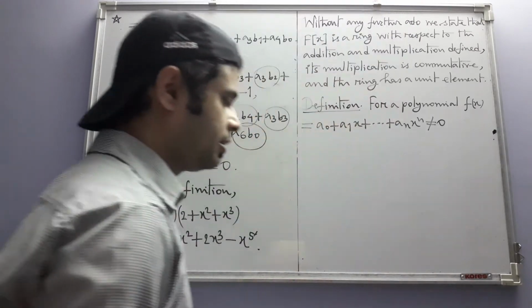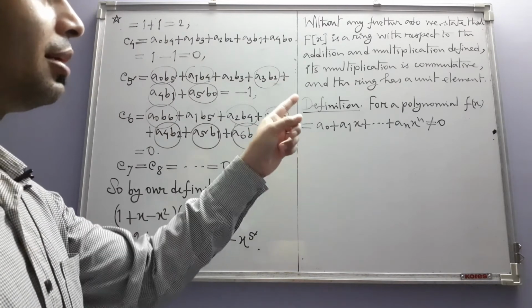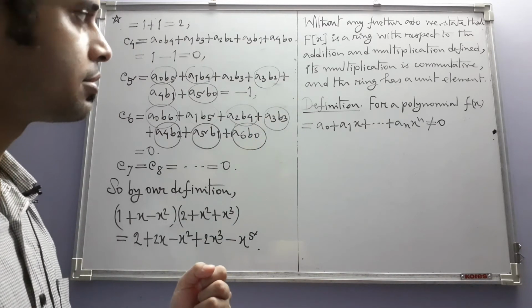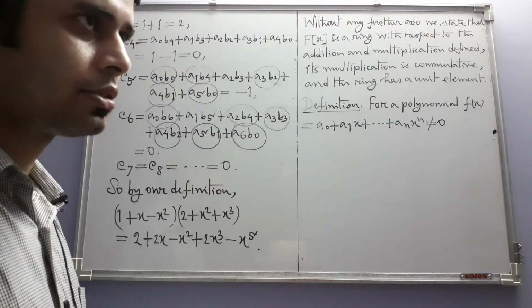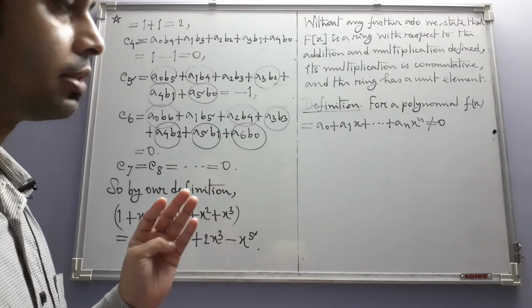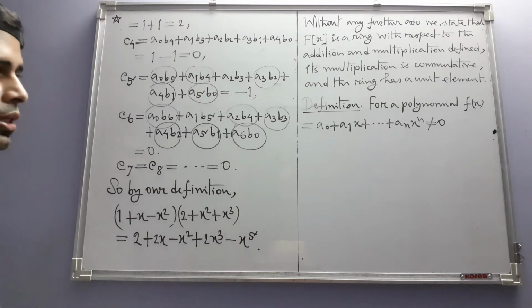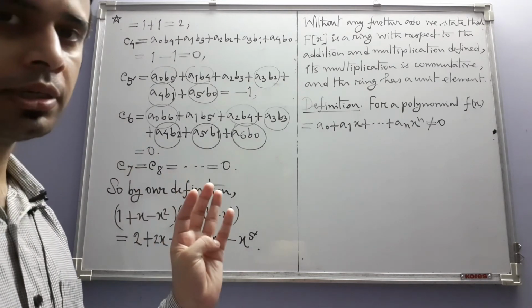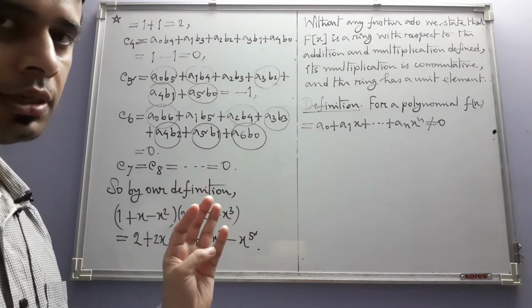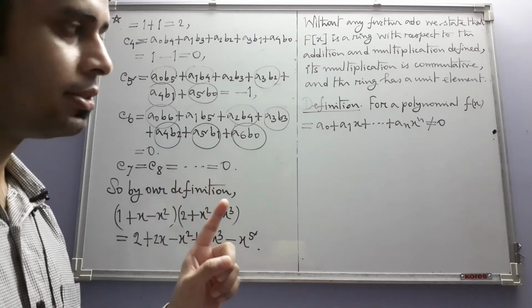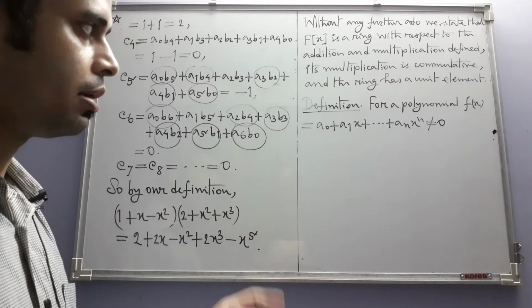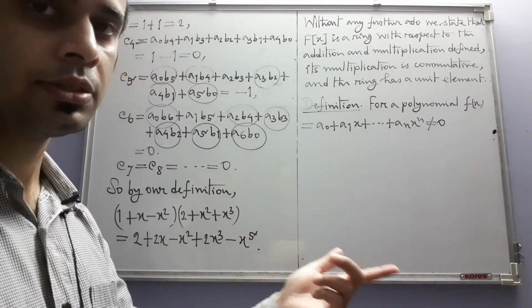Oh, one more thing about the statement that F[x] is a ring is this: addition is there, multiplication is there. So what are the things you need to show that F[x] is a ring? You need to show that addition is commutative, addition is associative, there exists a zero element, and that zero element is the polynomial all of whose coefficients are 0.